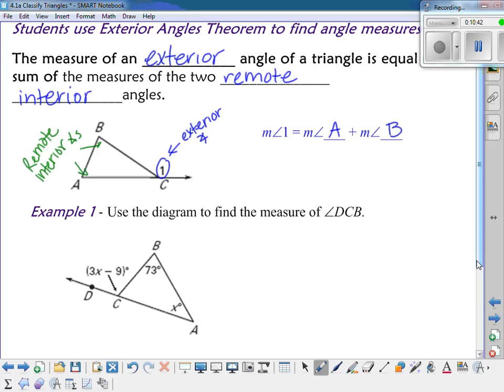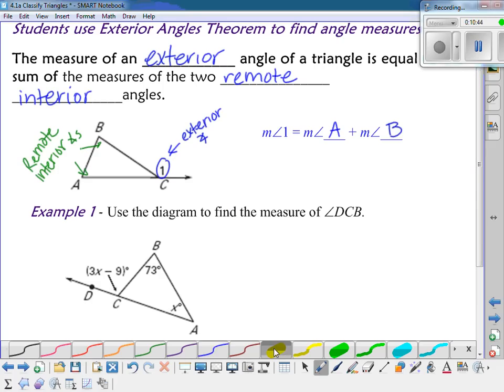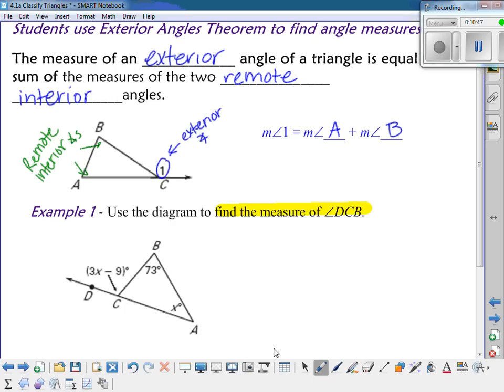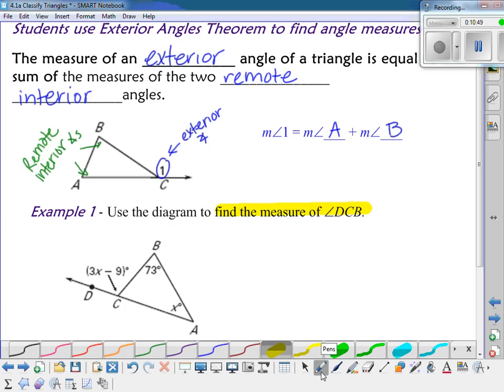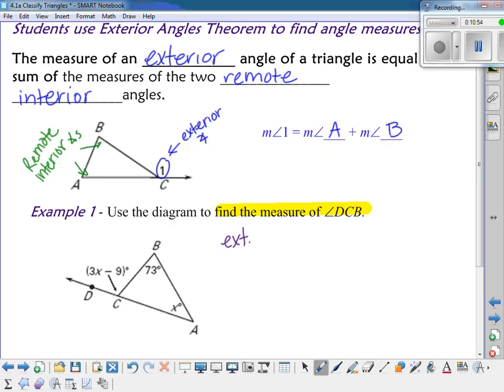So then we can use this to solve problems and find angle measures. We're going to use this diagram to find the measure of angle DCB. So first we have to figure out the value of x. So again, my exterior angle equals my first remote angle plus my second remote angle.